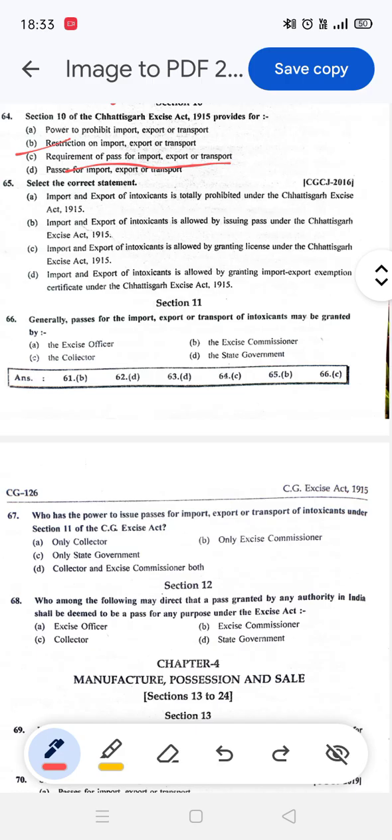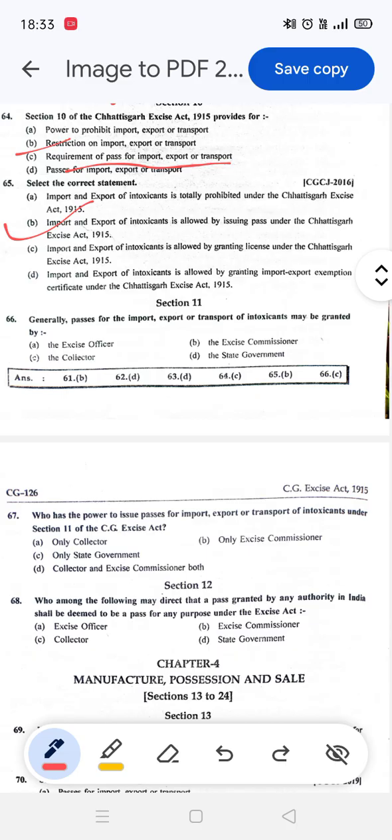Option D: Import and export of intoxicants is allowed by granting import and export exemption certificate under the Act. So here the correct answer is option B. Import and export of intoxicant is allowed by using pass under the Chhattisgarh Excise Act 1915.